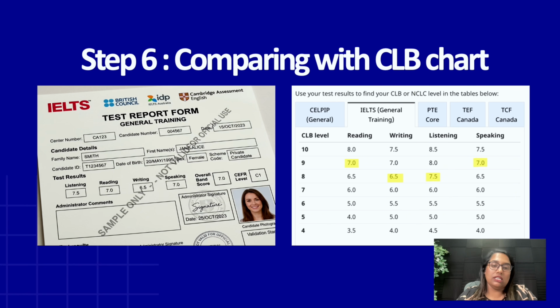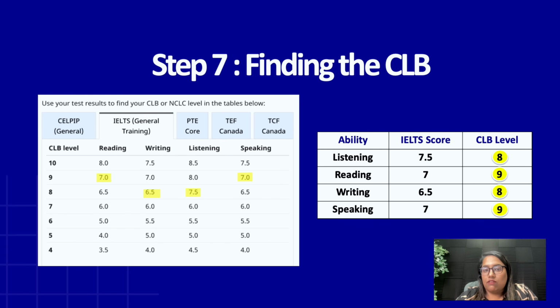That's how you see the comparison. As I just said, 7.5 is equivalent to CLB 8, reading 7 is equivalent to CLB 9, writing 6.5 is equivalent to CLB 8, and speaking 7 would be a CLB 9. This is just for IELTS.